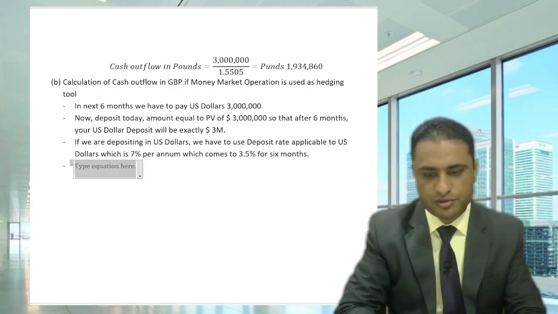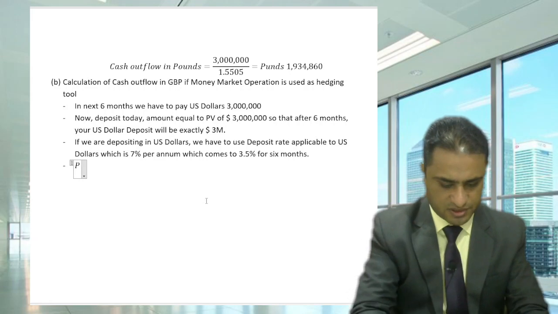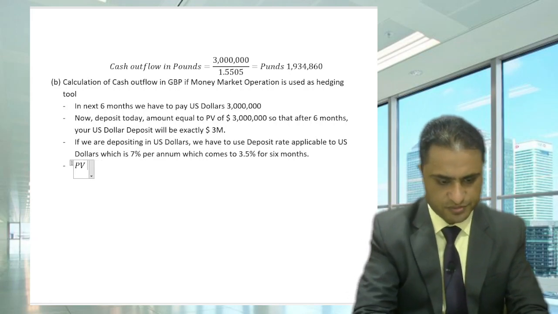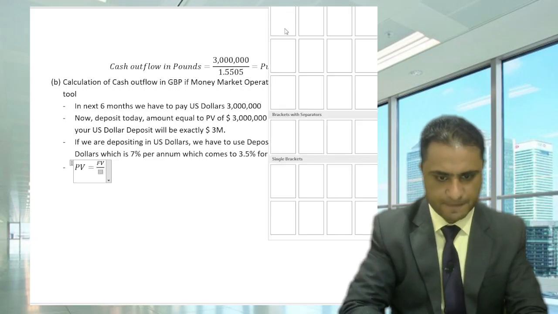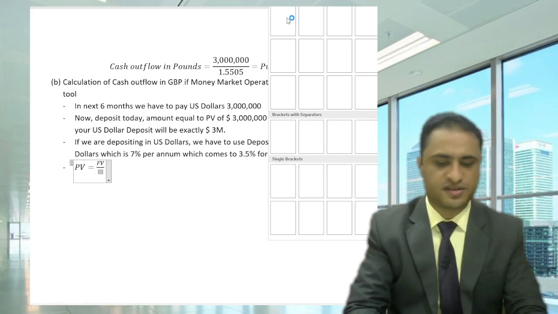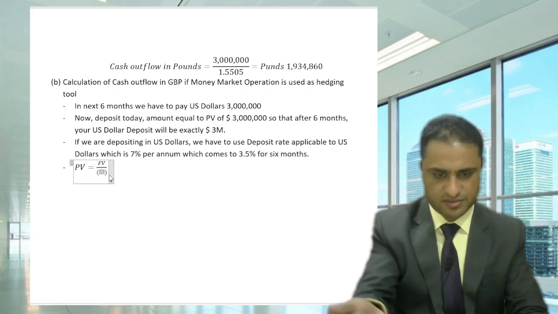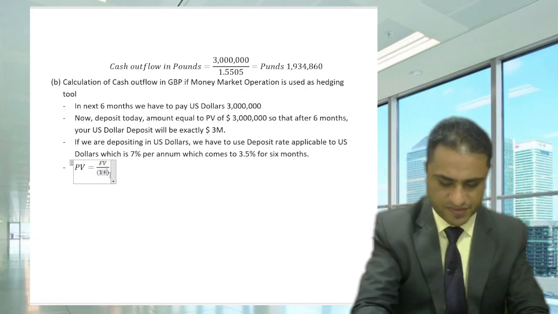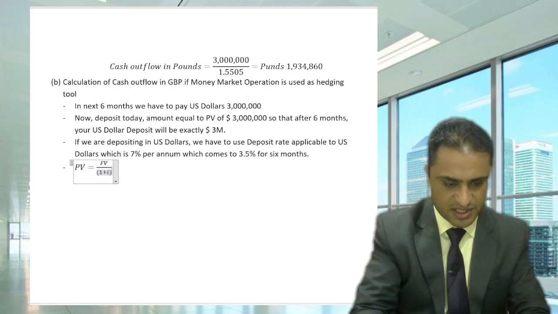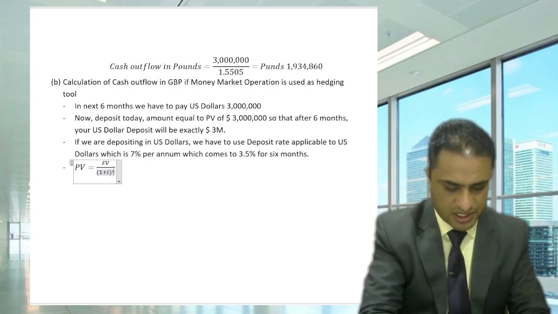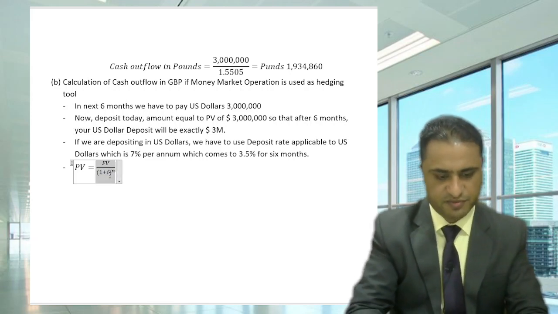Now, if someone asks you what the present value is, you will say that the present value is the future value divided by 1 plus rate of interest raised to power n. As the term of compounding is not relevant here, n in this case will be 1.